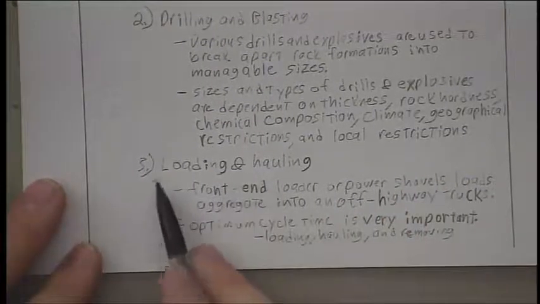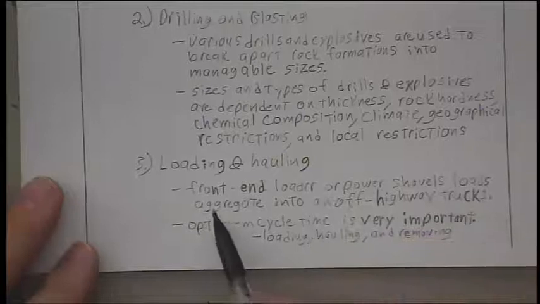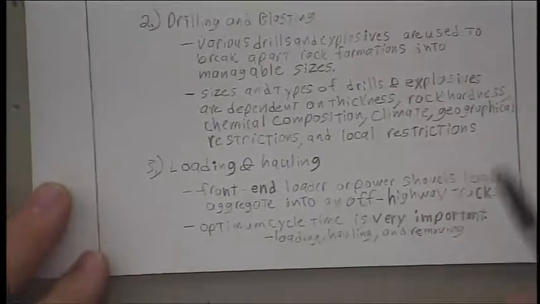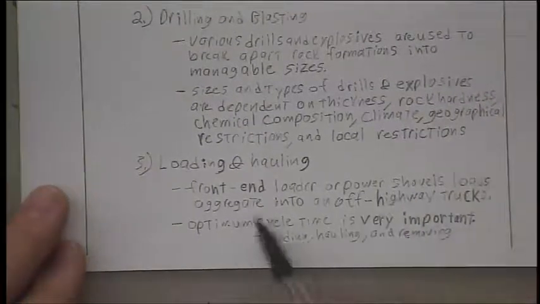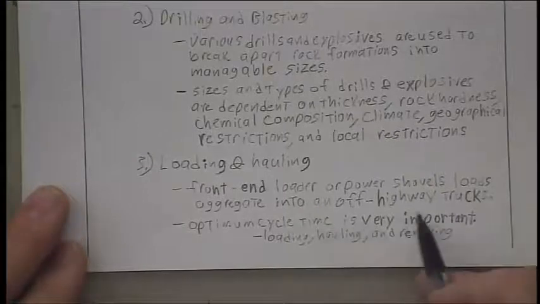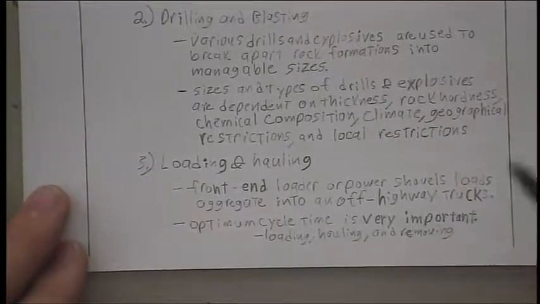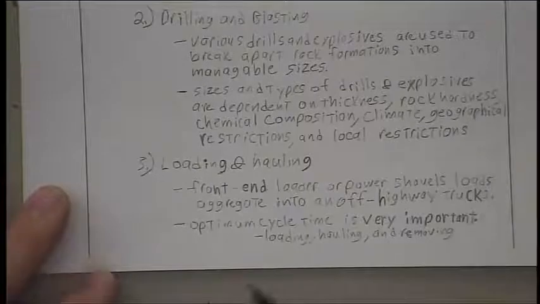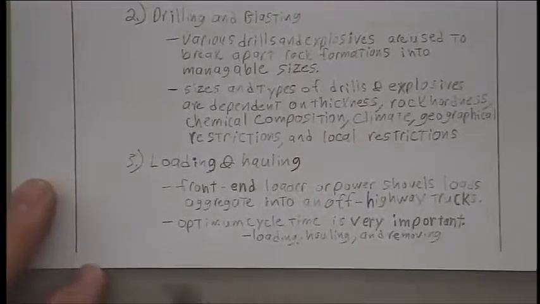And then you also have loading and hauling. So a front end loader or a power shovel loads aggregate into an off highway truck to take it up the haul road to the quarry or to the crusher.